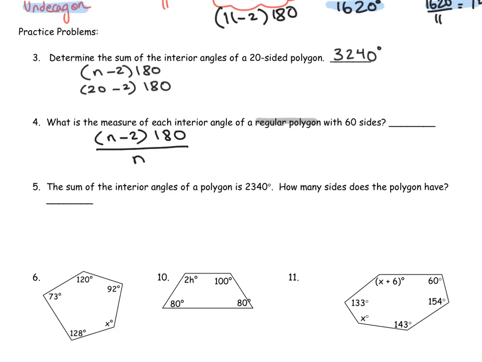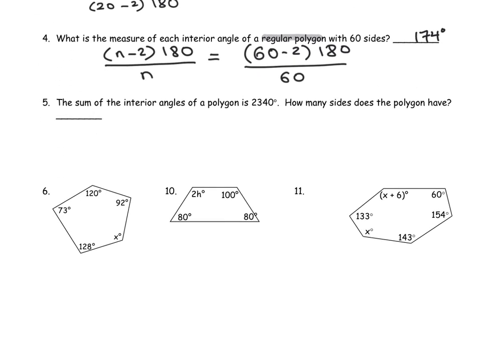And that will give me the measure of each interior angle. So then I know that the number of sides is 60. So 60 minus 2 times 180 divided by 60. So if I put that in the calculator, that will give me 174 degrees. So that means that each angle in this regular polygon will have the measure of 174 degrees.